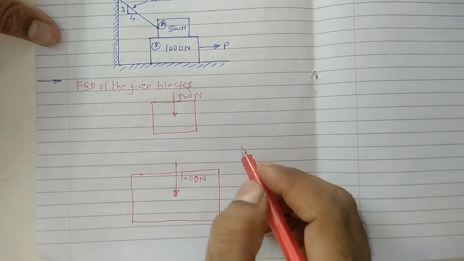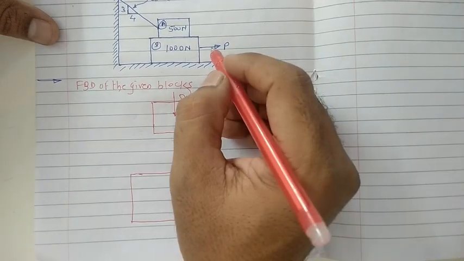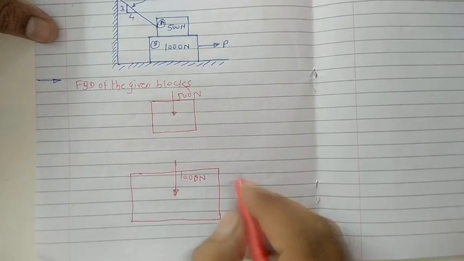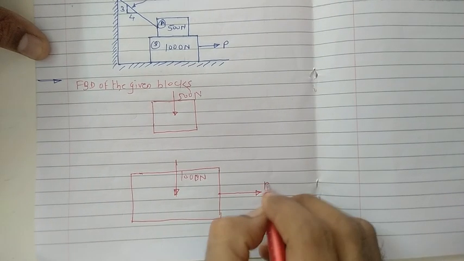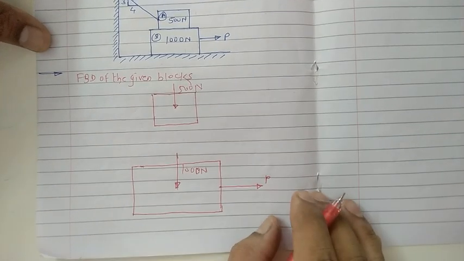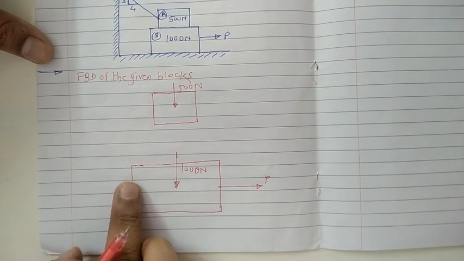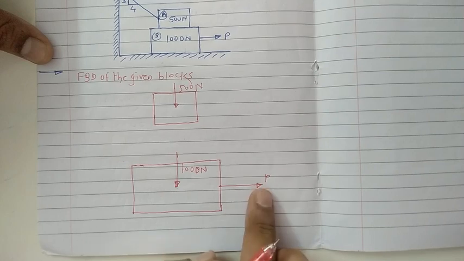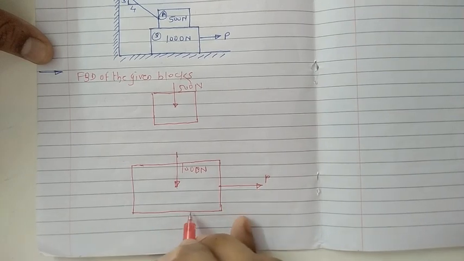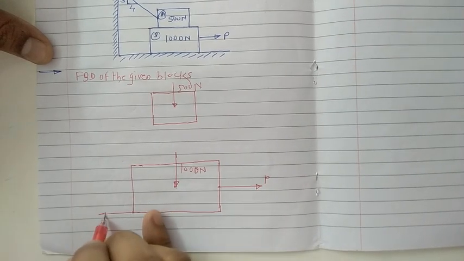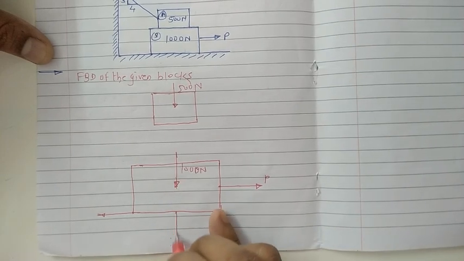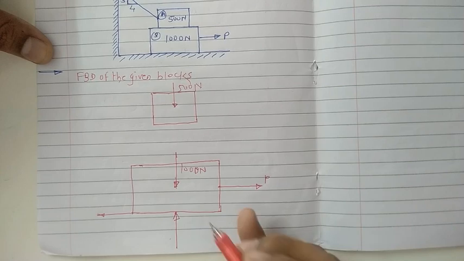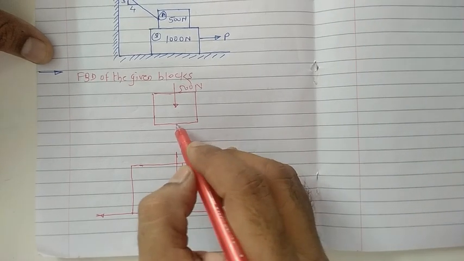Now see, this force P is applied on this block in such a way that the motion just begins. The tendency of this force is to push this block towards this direction. At the same time, the reaction between this one and this one is nothing but the normal reaction, which comes exactly normal to this surface.